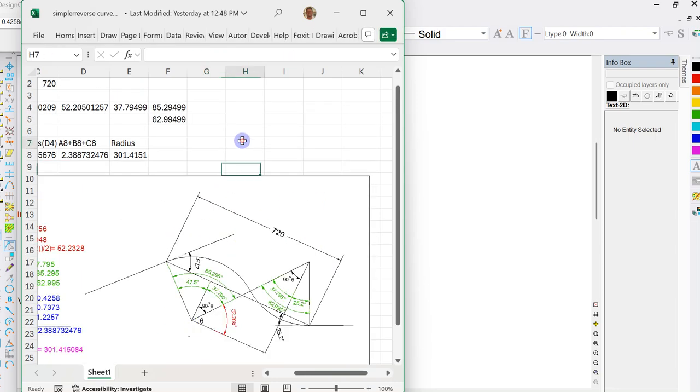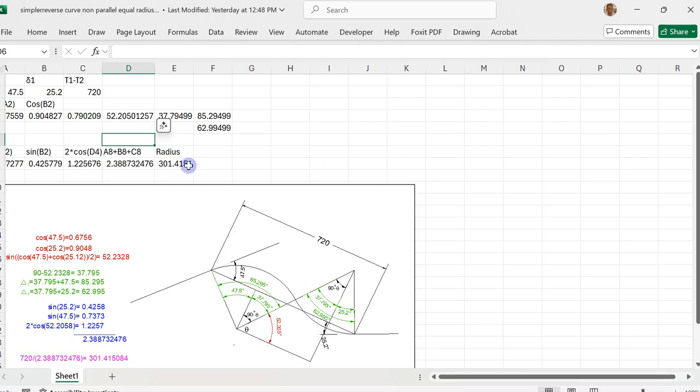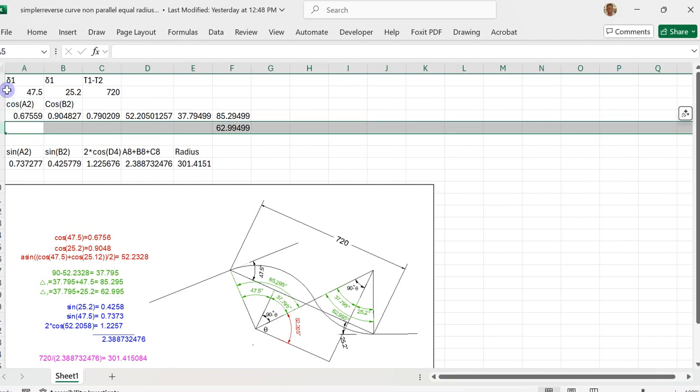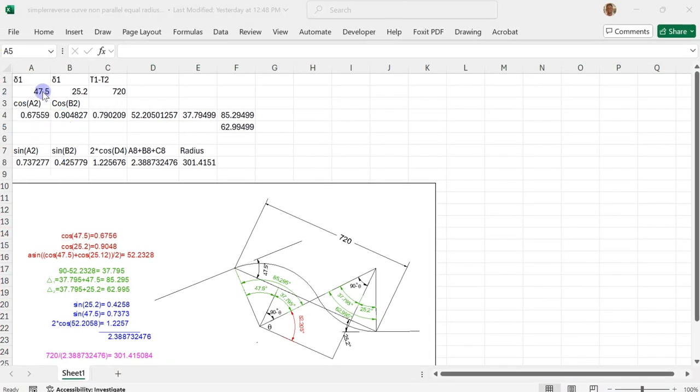And that was it. So let's go through here real quick, and I'll just scroll through these. There's angle A, angle B, or delta 1 and delta 2, or whatever you call them. And then you get your 720 as your diagonal.